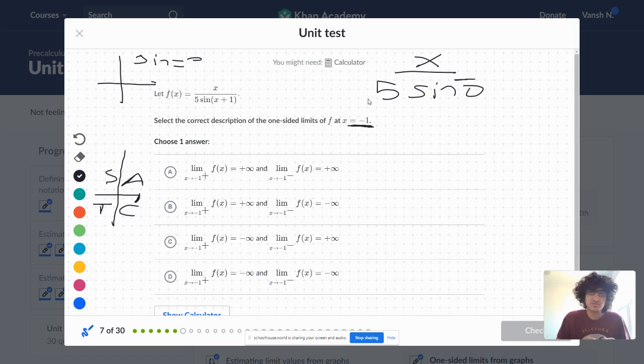So I would just plug in 5. That should be a negative. So it should be -1 over some negative number, right? No, -1 over 0 negative, which I'm thinking would go to negative infinity, but we can plug into 5 sine of minus point.